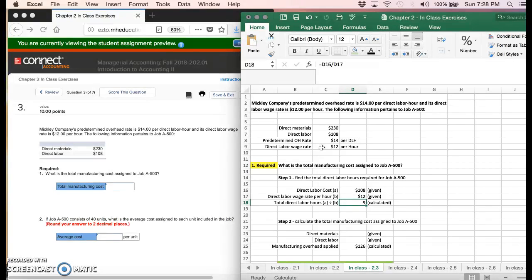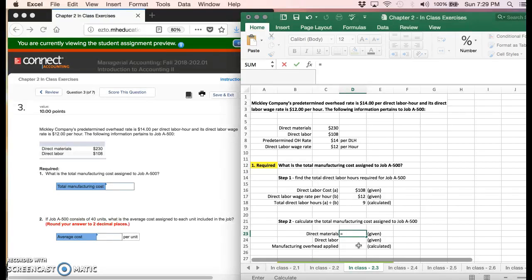So what we're going to do is take that 9 direct labor hours and calculate our total manufacturing cost. So we know our direct materials, right? They gave us 230. We know how much direct labor was. Here it is, 108. And then now we need to figure out how much manufacturing overhead was applied.